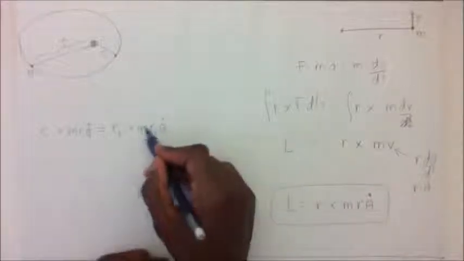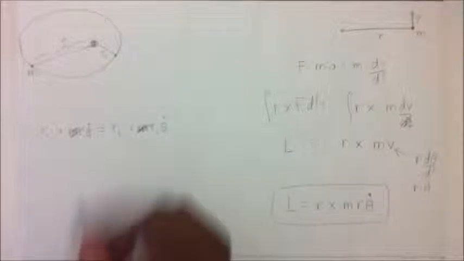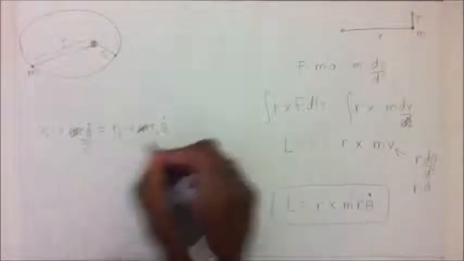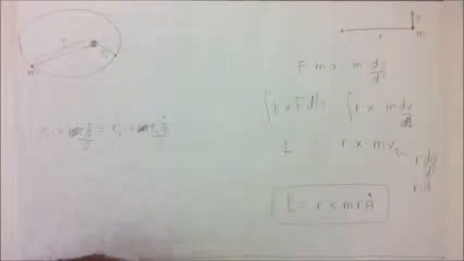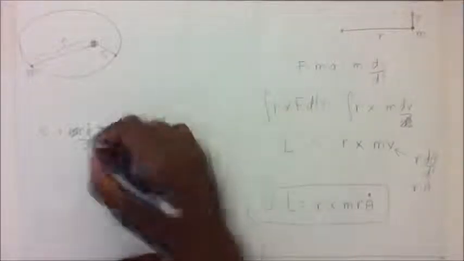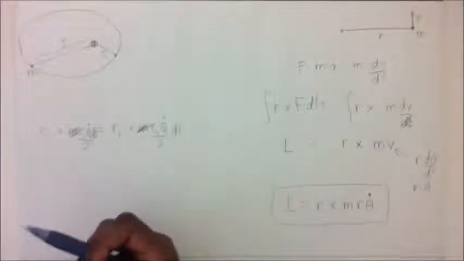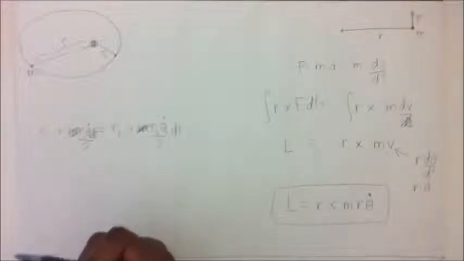So what can we do? On both sides of the equation, we can divide by m, which will just get rid of that small m. I'm also going to divide by 2, and I'm going to multiply by the change in time, dt. And what we have just done on both sides of the equation is to calculate the area of a very small triangle.